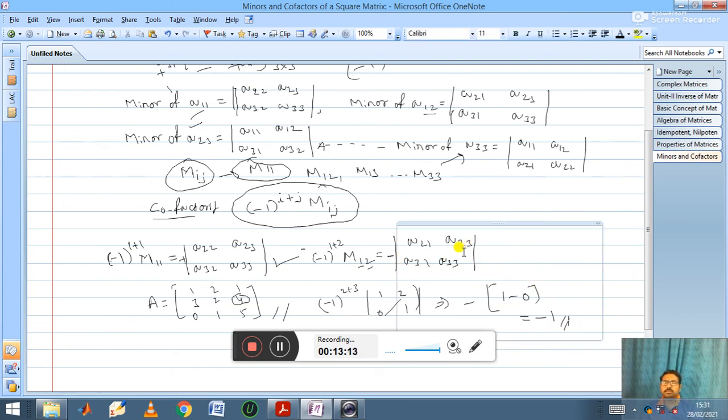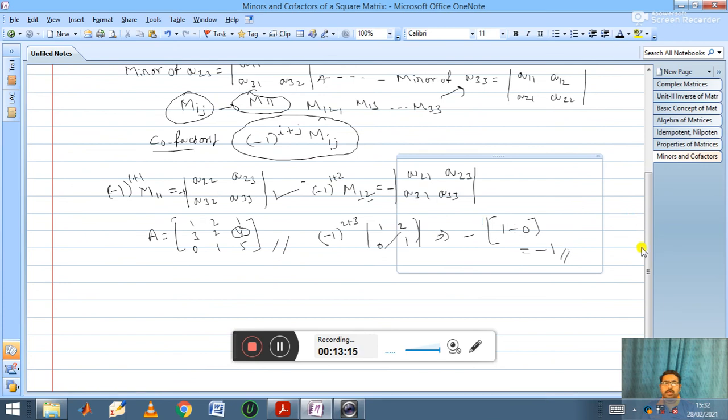Similarly, you can write the cofactor of the element 5. 5 is present in the third row, third column, so 3 plus 3. Its minor is, if you delete the third row and third column, you get 1 2, 3 2.